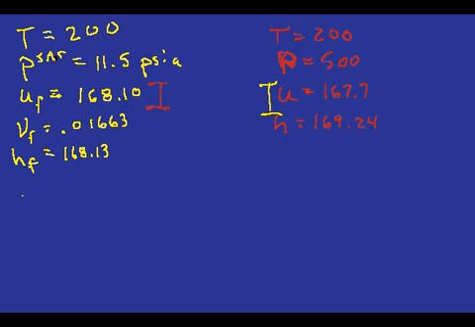Since we know that H is equal to U plus PV, then we can take H at a higher pressure and assume U is approximately the same between the two pressures, that the pressure doesn't have a lot of influence on the internal energy, but it obviously does have influence on the enthalpy because P is built right in there.